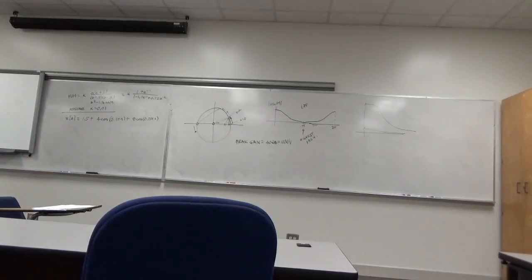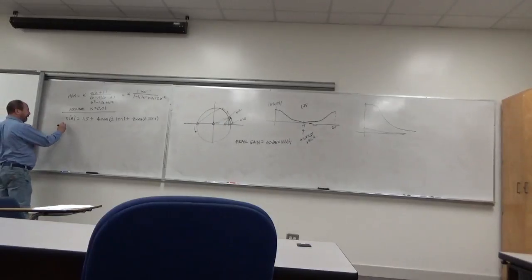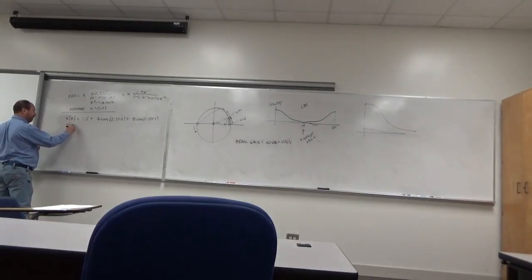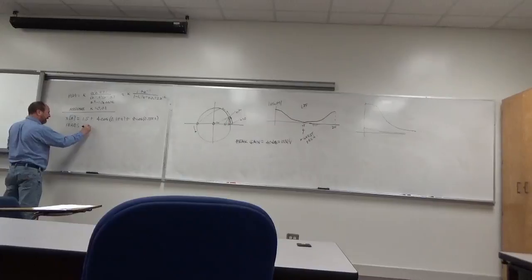Okay, I'm going to input that to the system. Shortly, I'm going to do some calculations with MATLAB, and then I'm going to ask you, why did I do those calculations?